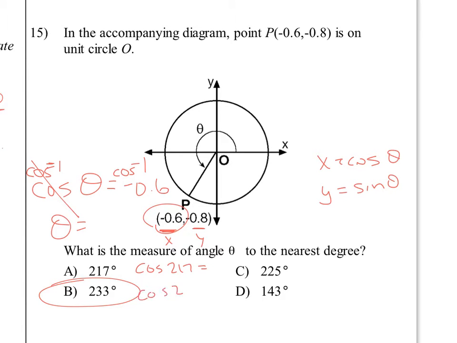Do the cosine of 233, see what that is. Cosine of 225 and the cosine of 143. Or the sine, but the sine you wouldn't be using that. And see which one comes closest. That would be the best idea for you guys. Okay, so cosine of 233 is negative 0.6018, whatever. So there you go. That's the answer.